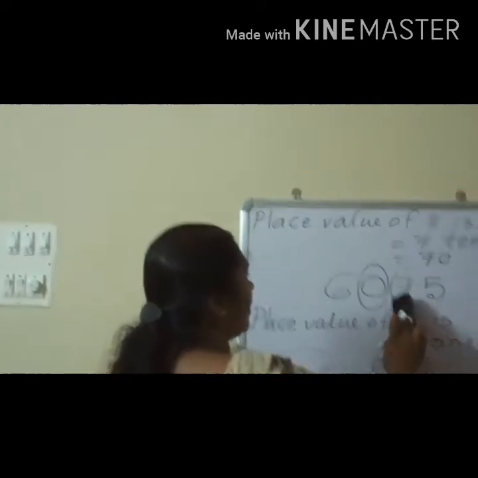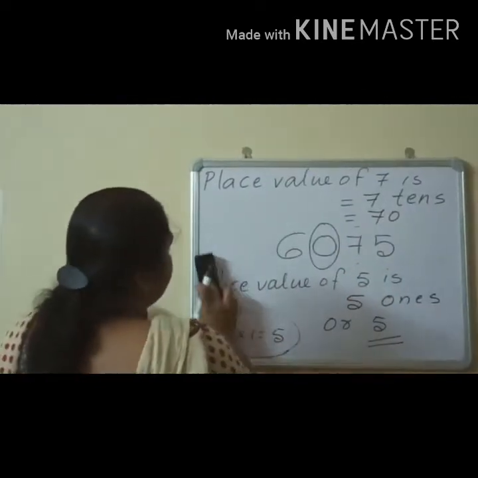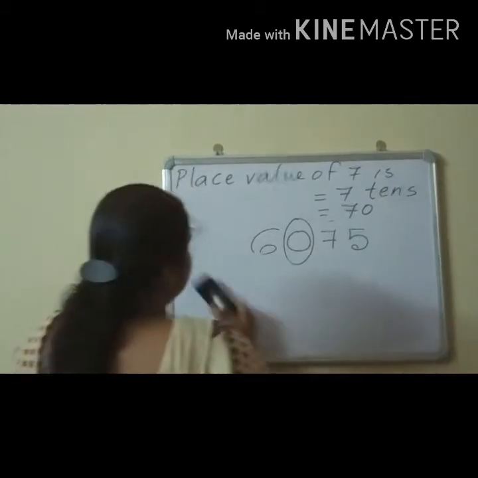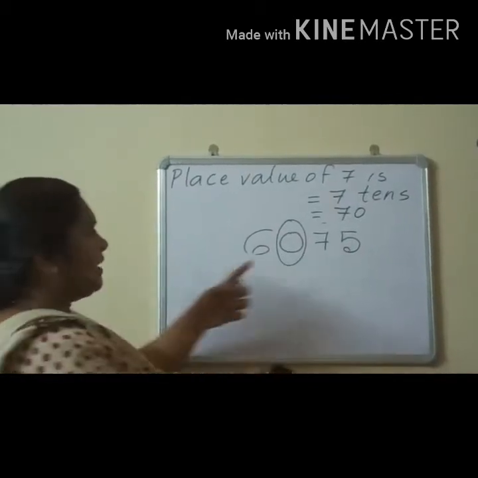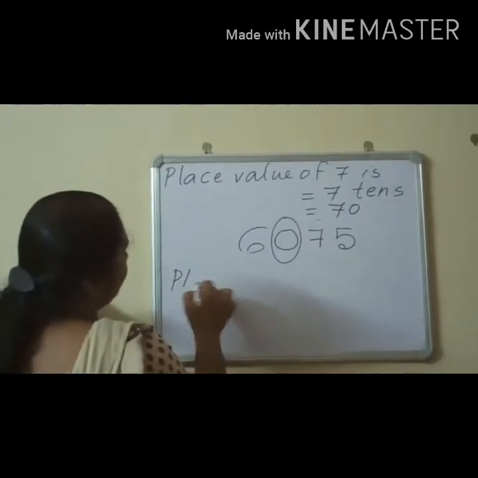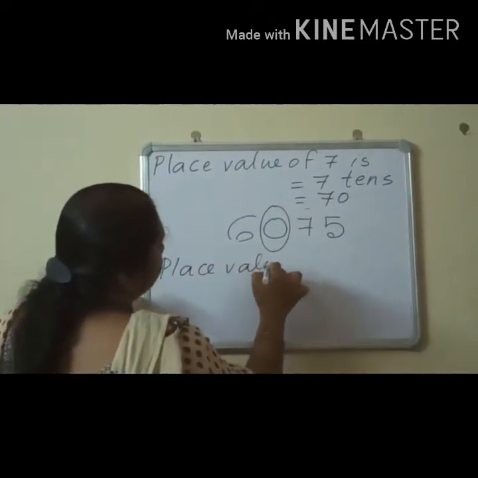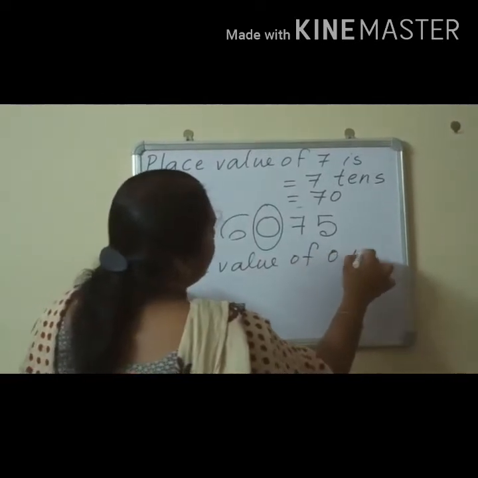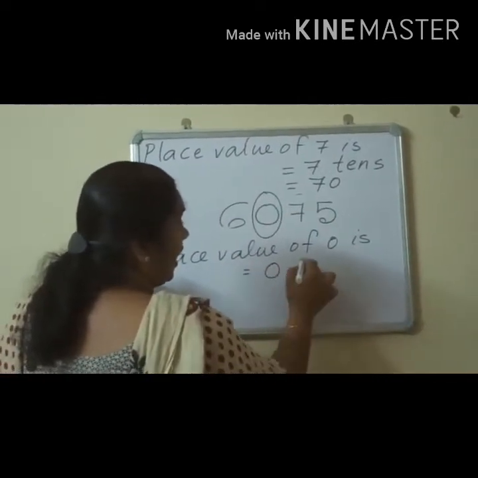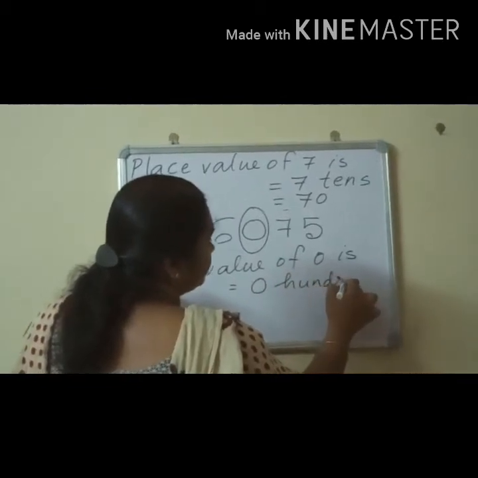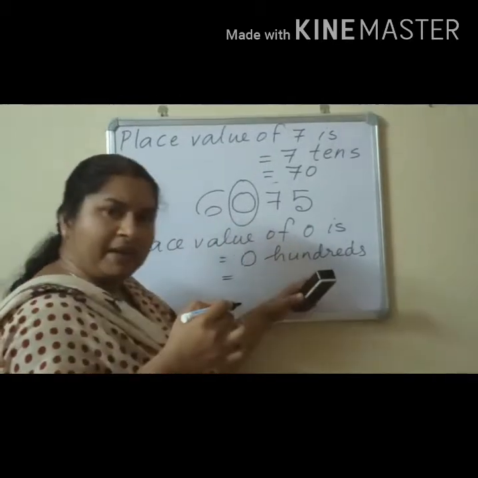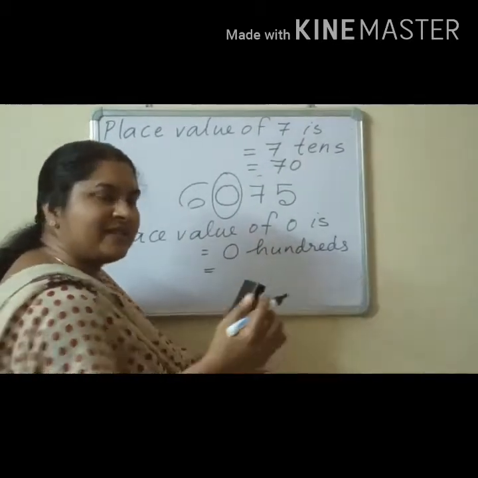What about this 0? Where does the 0 stand? Which place? Hundreds place. Okay. So the place value of 0 is 0 hundreds. If you multiply 0 by 100, what number will you get?